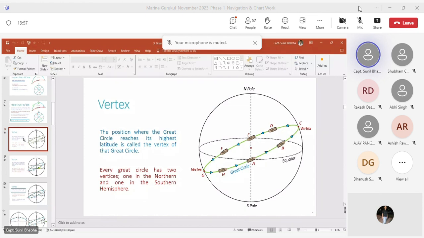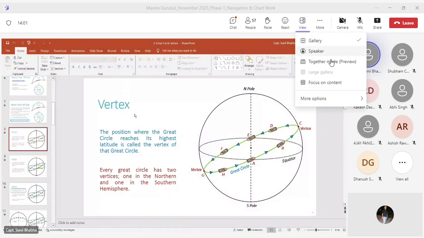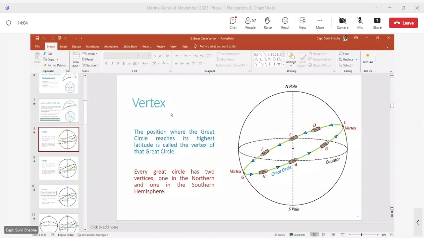Everybody is able to see the PPT on Vertex, beta? Yes, sir. Great, beta. So we are moving ahead with Vertex. Let's go.